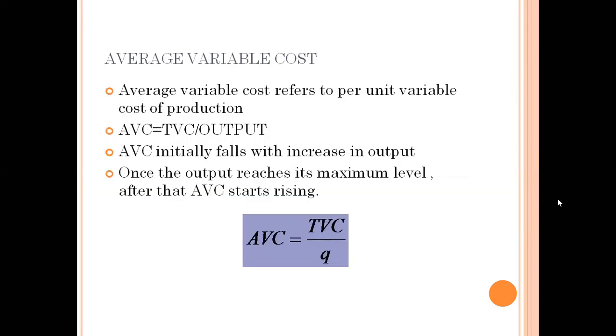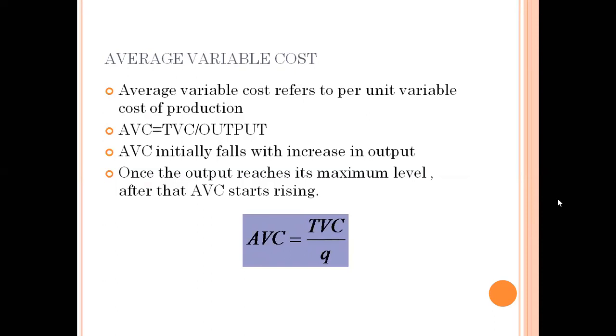Now average variable cost. Average variable cost is total variable cost divided by output. So for example, for making 10 units of output, 500 rupees variable cost is incurred.